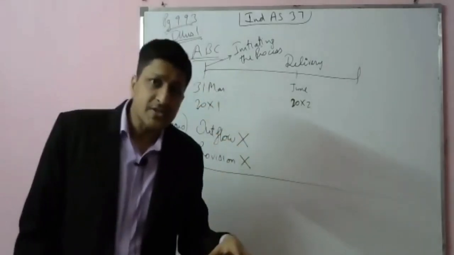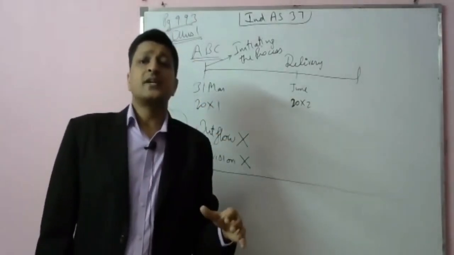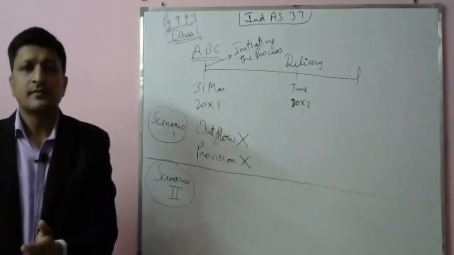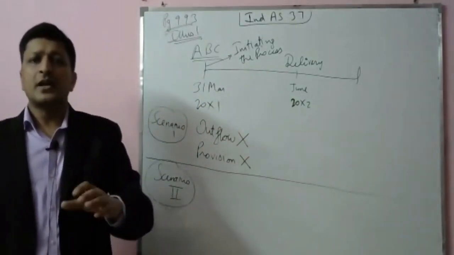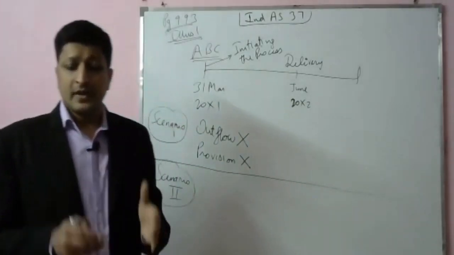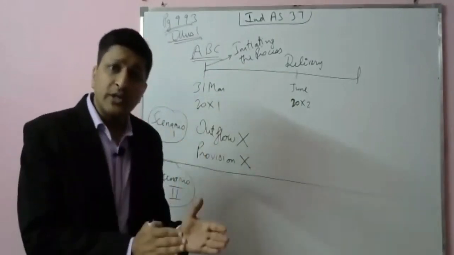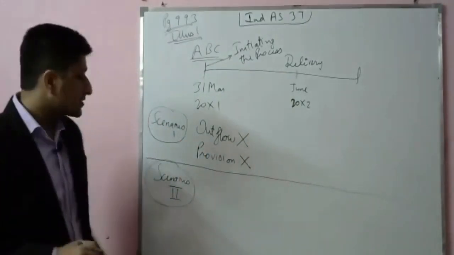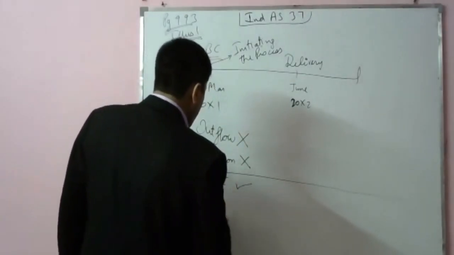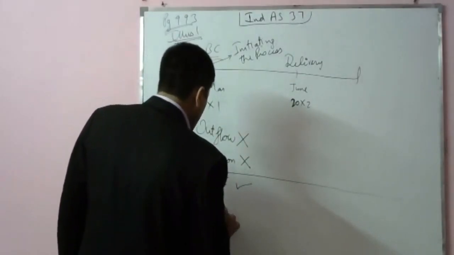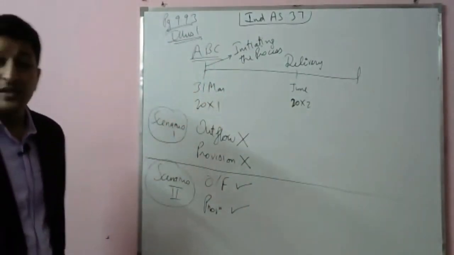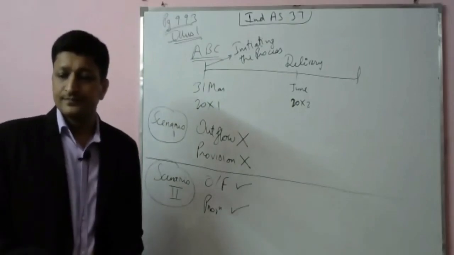The answer is yes. Will this present obligation result in outflow? The answer is yes. Its timing, its amount may be uncertain. But in this scenario, will there be a need to create a provision? The answer is yes. Why? Because the outflow will take place, and when the outflow will take place, the provision will have to be recognized.